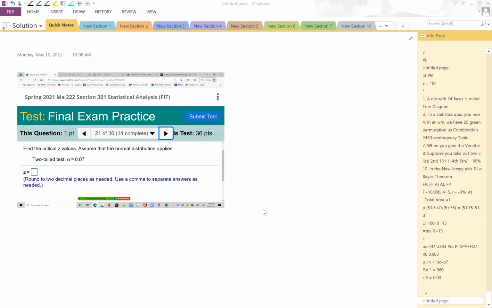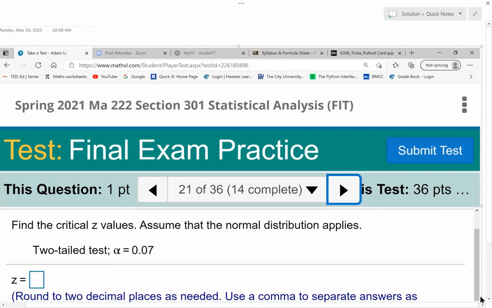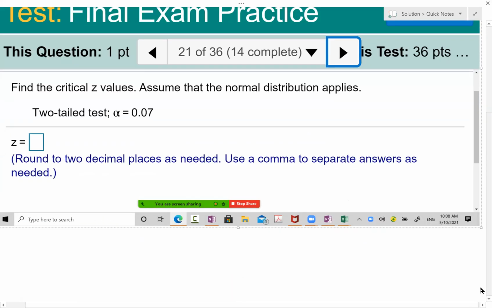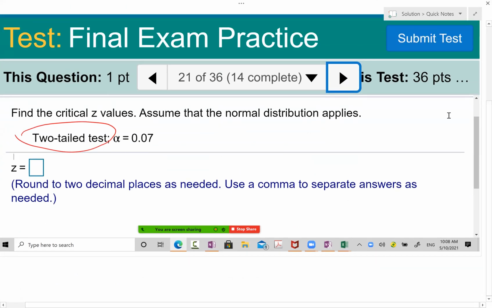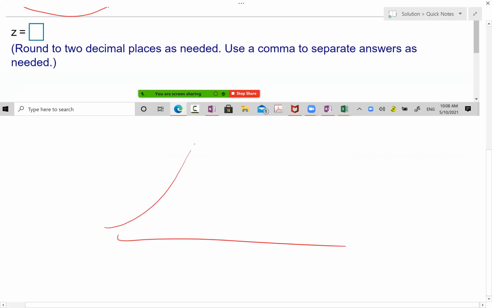Let me show you how to do that one more time. Again, you draw a bell curve. And we know it's a two-tailed test, so this matters a lot. This is for hypothesis testing, right? Two-tailed test. First of all, draw the bell curve. And the critical z-scores are located on both tails, right?